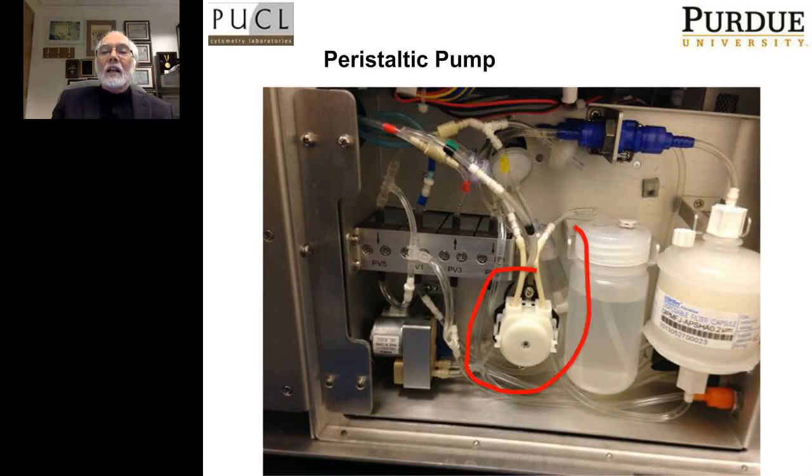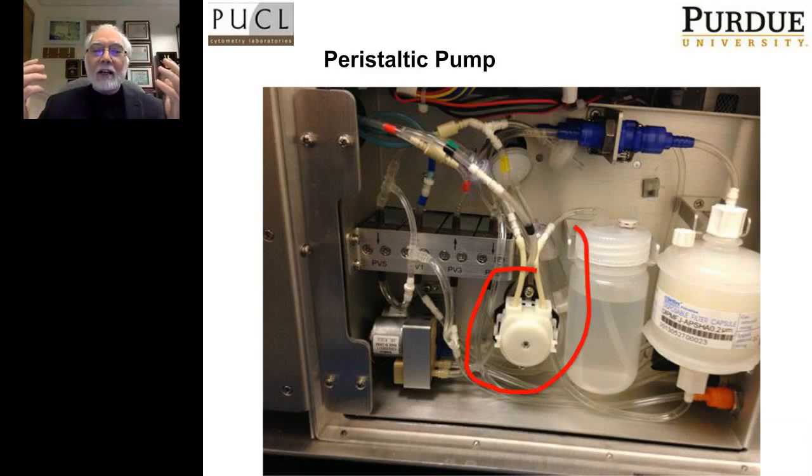Now, I think the most reasonable question that you could ask about using a peristaltic pump is, well, don't we know that peristaltic pumps operate by rotating a bar around a tube, and that creates pulsations?